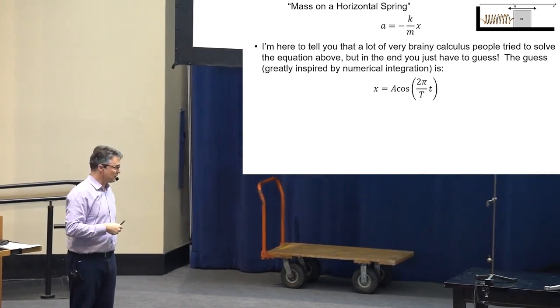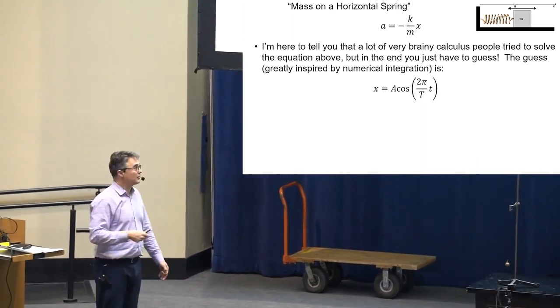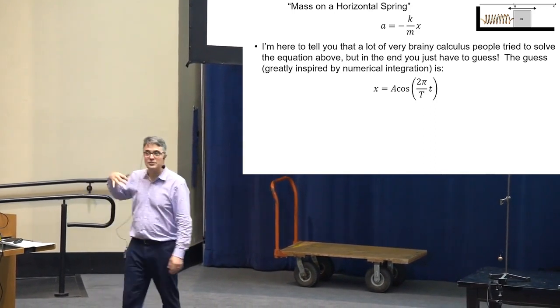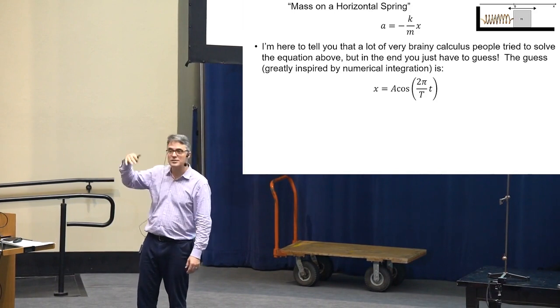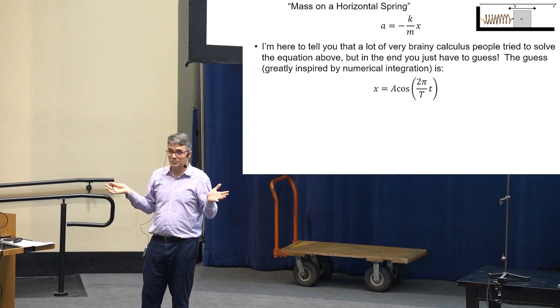And then he turned around and he said, and now we will introduce a trial solution. And he turned back and he wrote this equation. And he continued, he did some derivatives of cos, and it ended up being a negative cos. There was a 2 pi over T that came out twice. There was a 4 pi squared over T squared. Anyway, it all worked out beautifully.